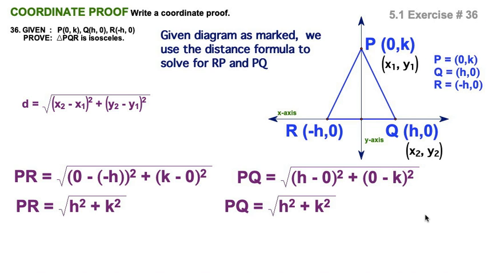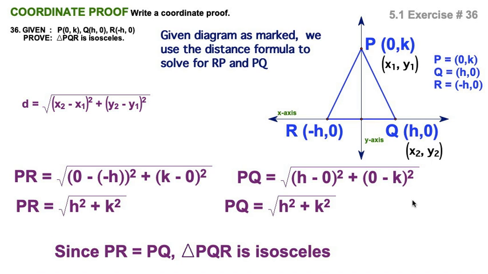We squared that negative k, the negative k inside the parentheses, and it will yield a k squared. Since this triangle has two sides with the same measure, we can conclude that triangle PQR is isosceles. And that's it.